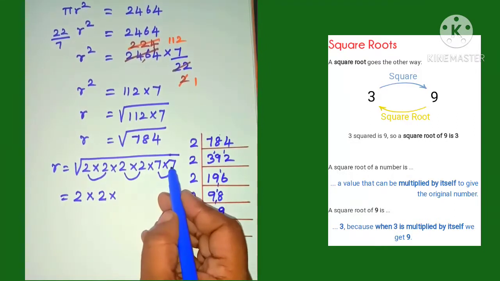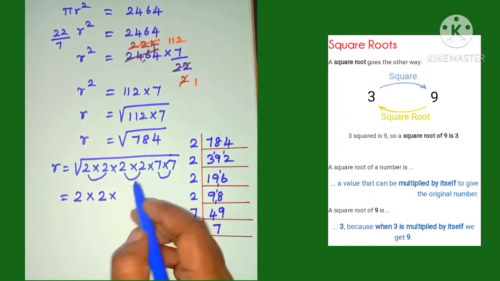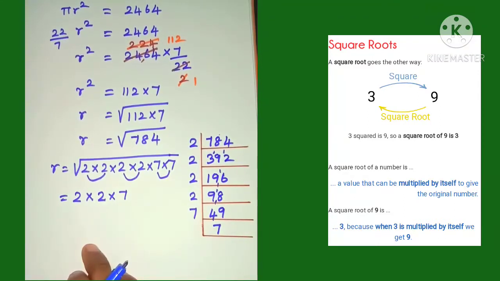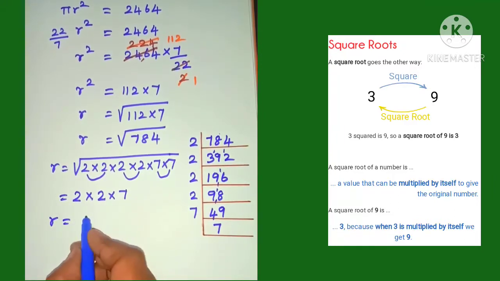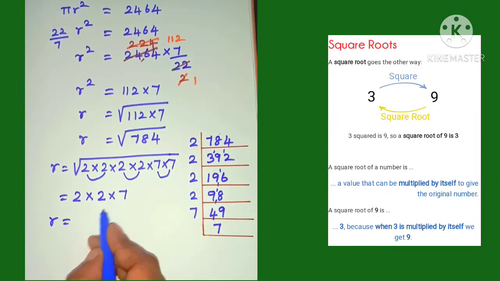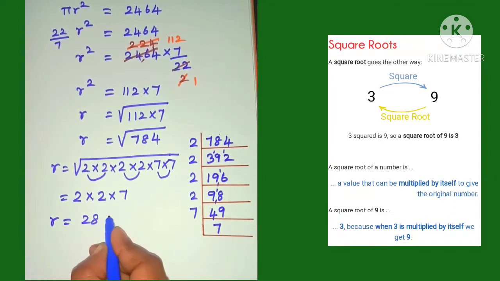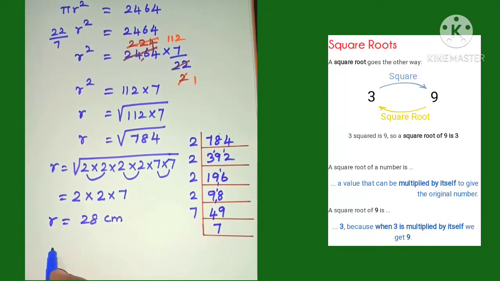So 7 into 7 within the square root, one 7 comes outside, that is 7. So now the value of r is 2 into 2 is 4, 4 into 7 is 28. 28 centimeter. So the value of r is 28 centimeter.